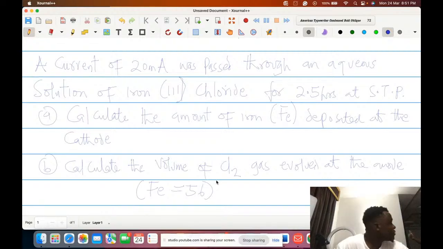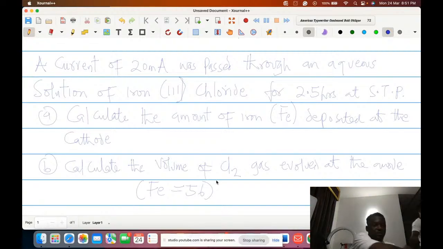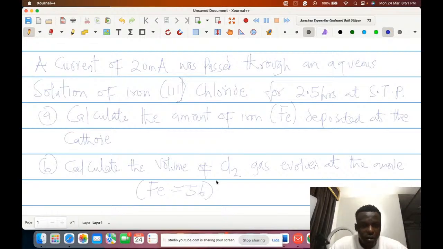A current of 20 milliampere was passed through an aqueous solution of iron 3 chloride for 2.5 hours at STP. Calculate the amount of iron deposited at the cathode. B, calculate the volume of Cl2 gas evolved at the anode. Please, I want us to get that question straight. I just want us to get the question.